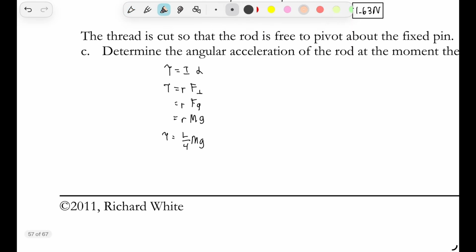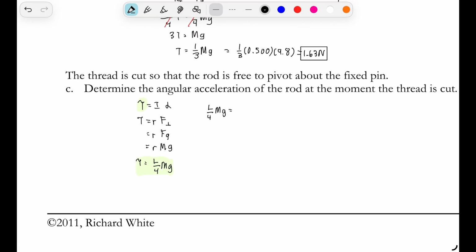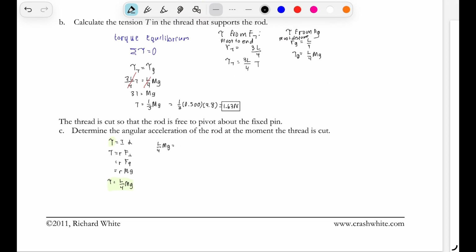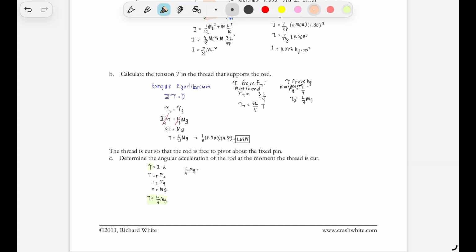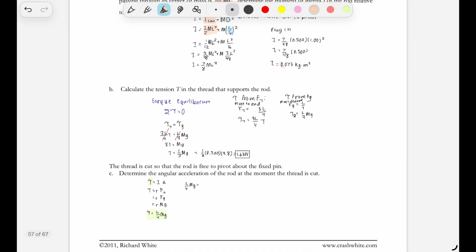So our torque is equal to L over 4 mg. Now, you can plug this in here. So our torque, L over 4 mg, is equal to our moment of inertia, I, which we found up here.